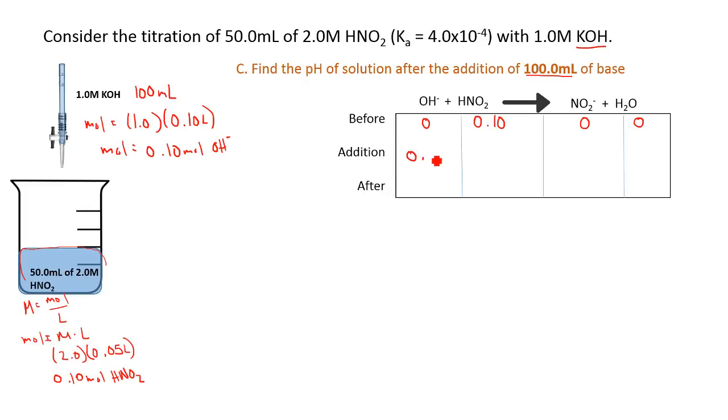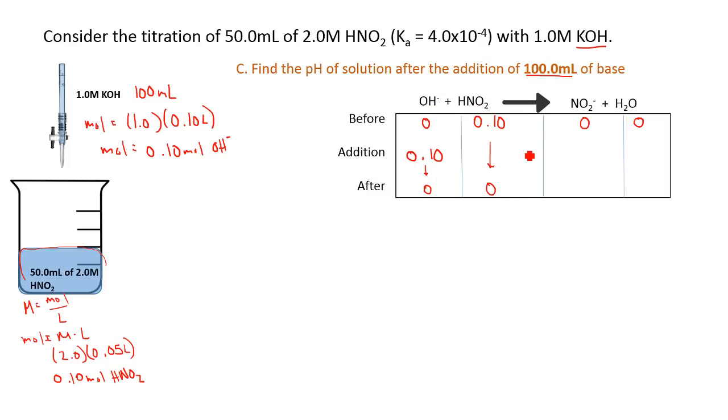That's what we added. Where are we at? Who is the limiting reactant here? I have exactly the same amount of base as I have acid. These guys completely consume one another. There is nothing left on the reactant side. All of the acid has been consumed. All of the base has been neutralized.